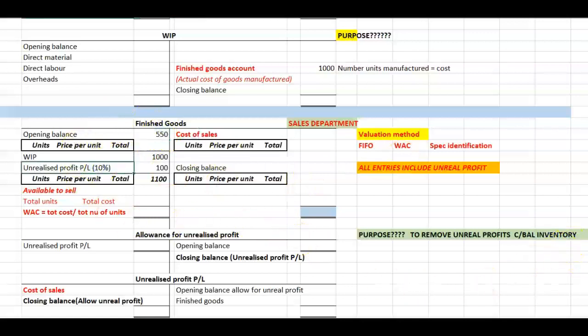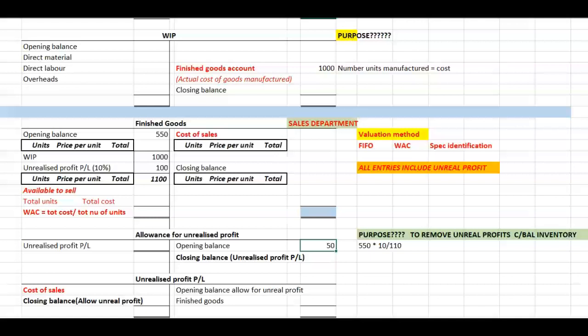If our policy is 10%, then we say, well, there was included in the 550 Rand, 50 Rand, which was 550 times 10 divided by 110, which is my unrealized profit component. So, in last year's statement of financial position, finished goods would have been shown at 550 less 50, at the actual cost price of 500 Rand.